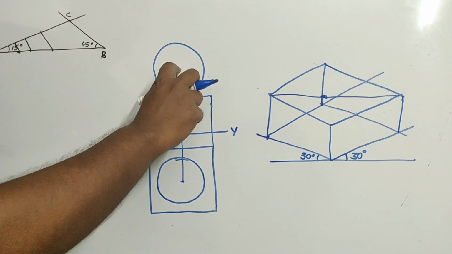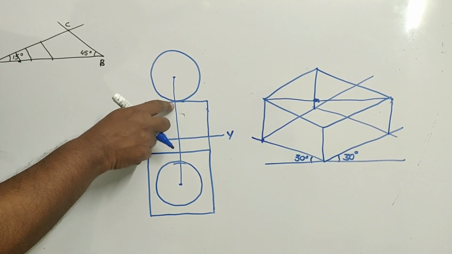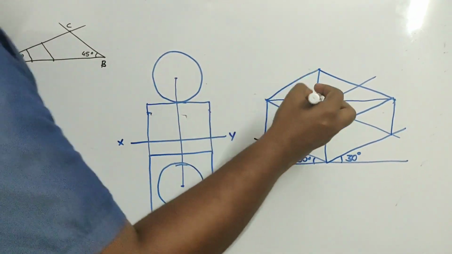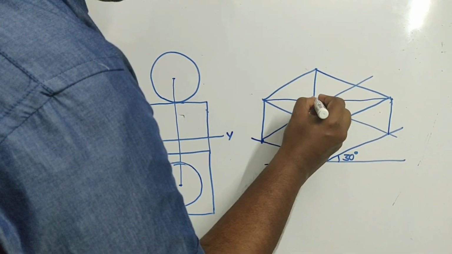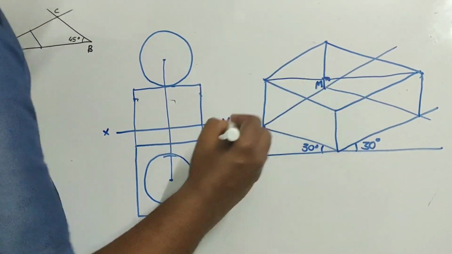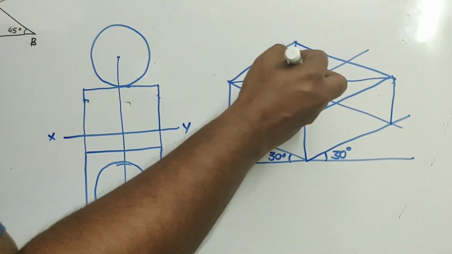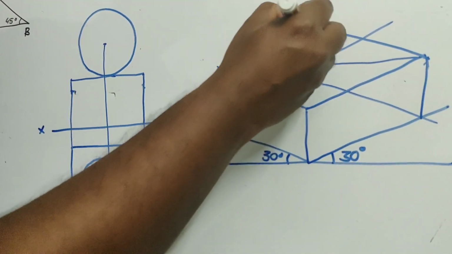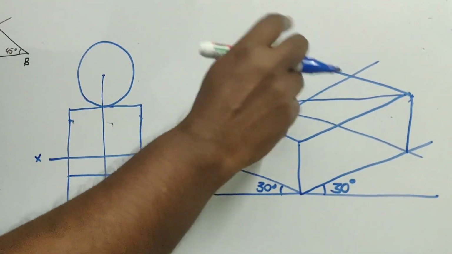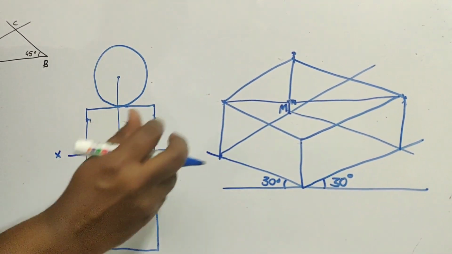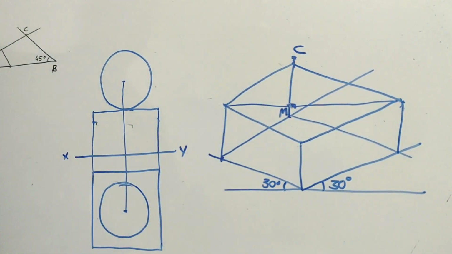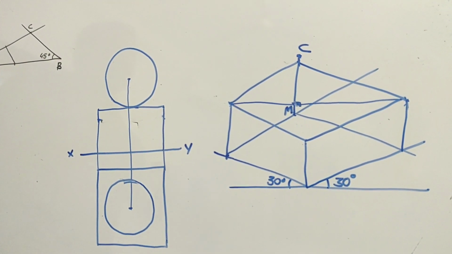So this particular dimension you can measure, from this center to this contact point. The same dimension you can use from this midpoint. Say I am marking this as M. This is the midpoint. So from the midpoint you are taking the same dimension. Sometimes it may come above or below this one. Assume that it is coming above this. So this can be taken as the center of the circle which we have to draw.